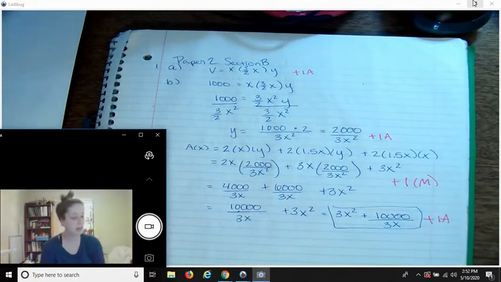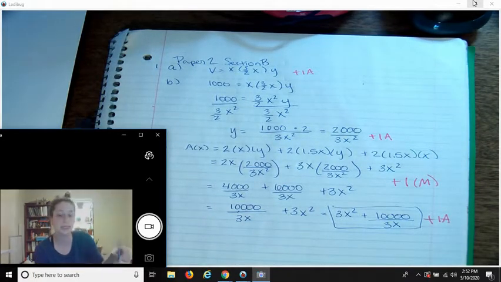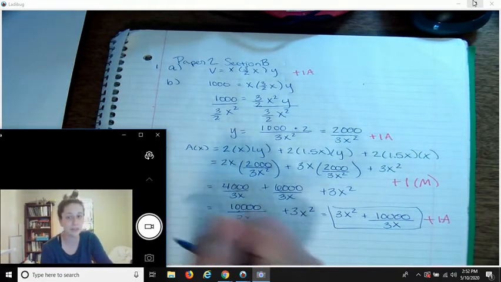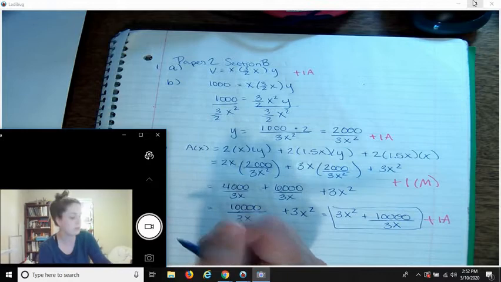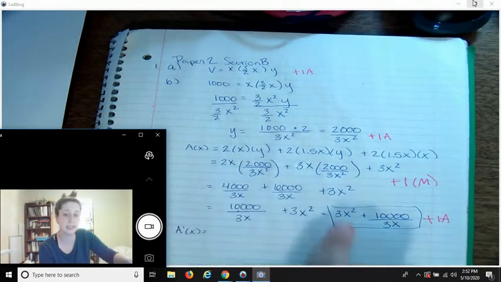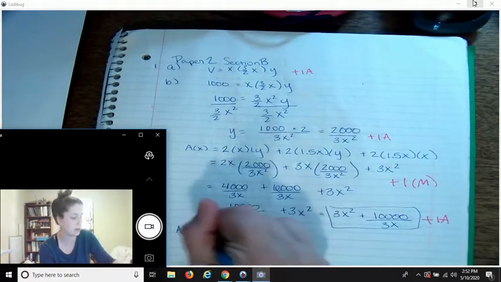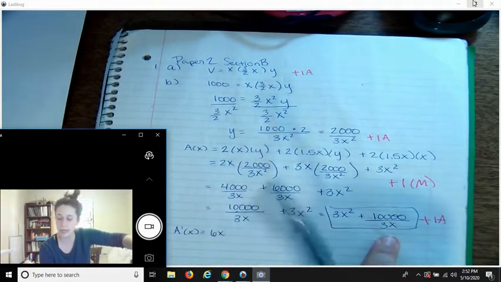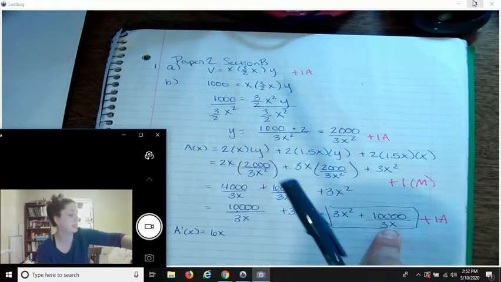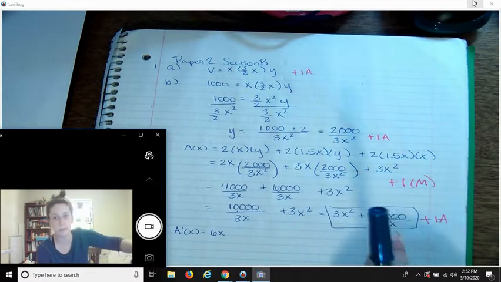Okay, that was part C. Part D says find A prime of x. So we definitely want to use our simplified version to do this. A prime of x should give me 6x right here. And this one should give me, so this is really 10,000 over 3 times x to the -1 power.